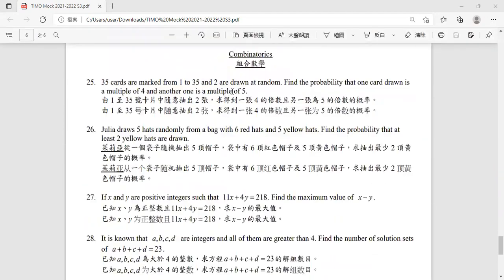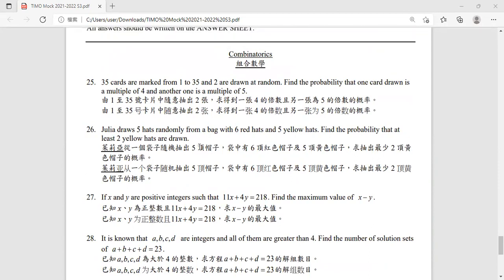Okay, 25. Now 35 cards are marked from 1 to 35, and 2 are drawn at random. One card is a multiple of 4, and the other is a multiple of 5. For multiples of 5, there are 7 cards.